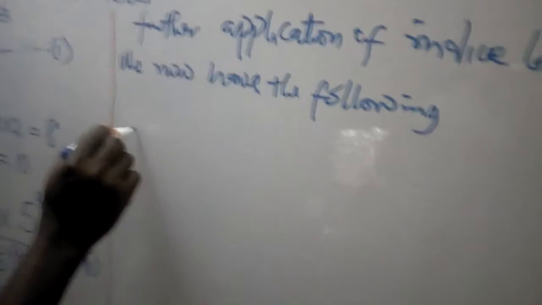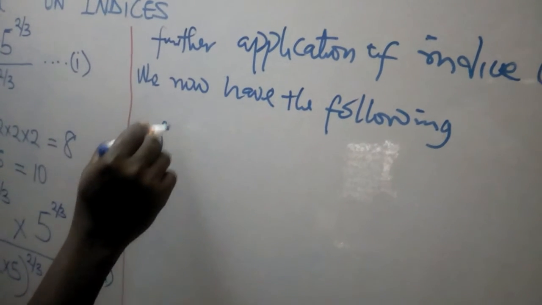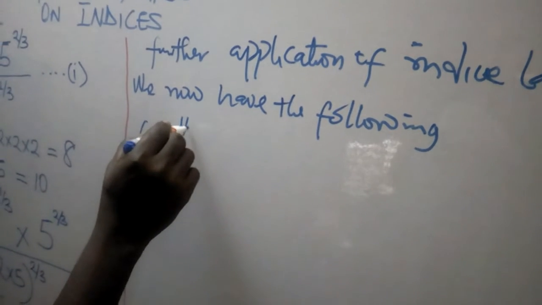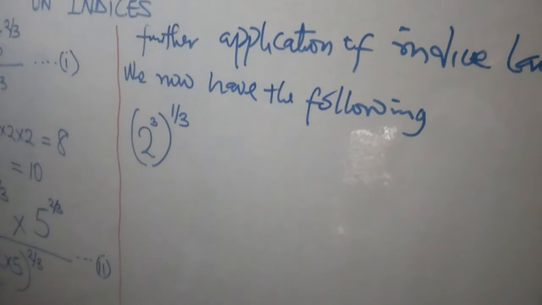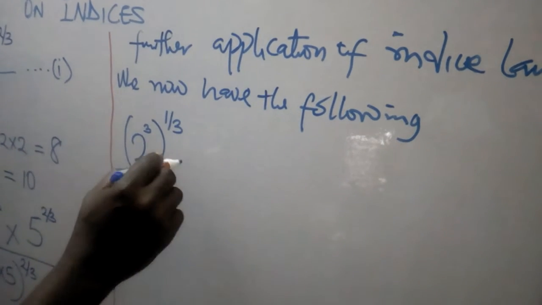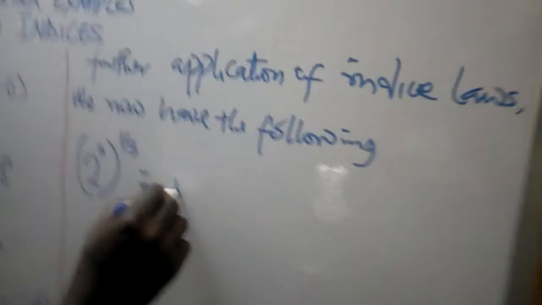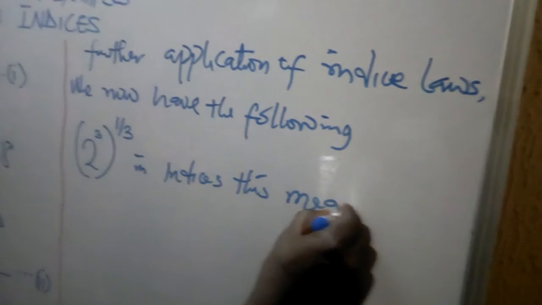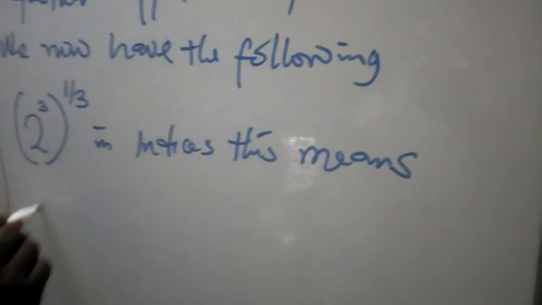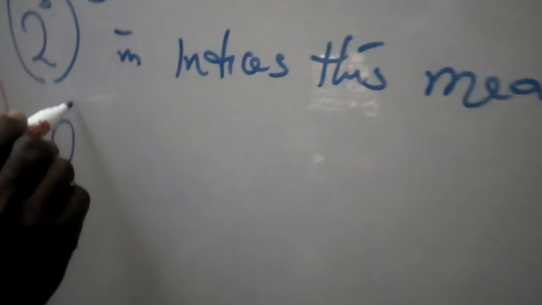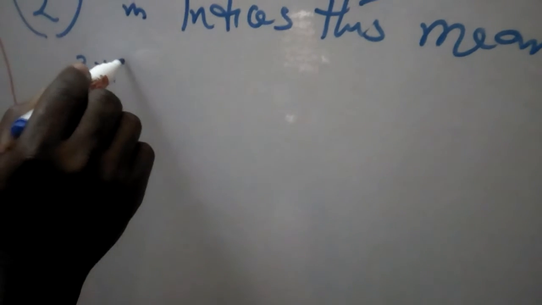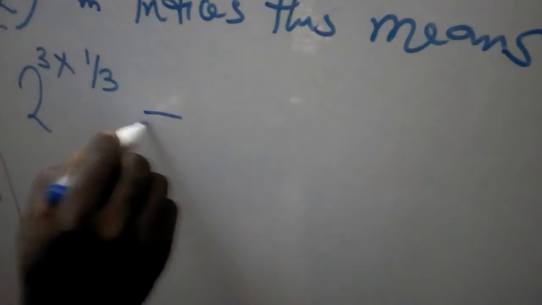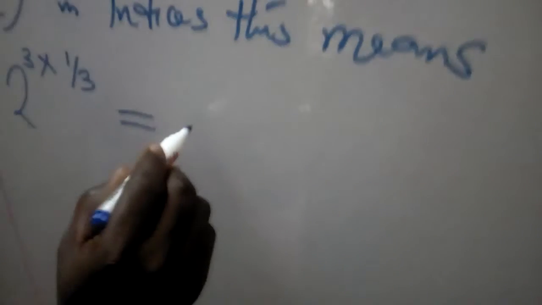When you have 2 raised to the power of 3 to give you 8, into the power of 1 over 3, in indices this simply means 2 to the power of 3 multiplied by 1 over 3, and this will give you 2.